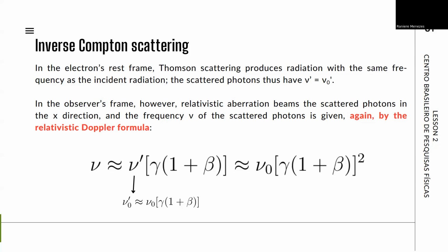It doesn't change frequency in the electron's frame, and it can go in any direction that the Thomson scattering allows. However, in my frame, this scattered photon will be beamed, and I will see this photon being emitted in the direction of the motion of the electron.